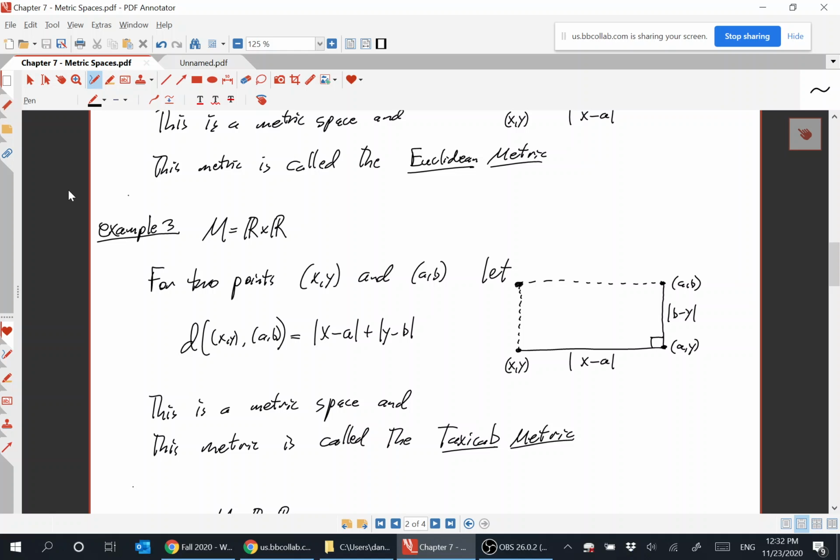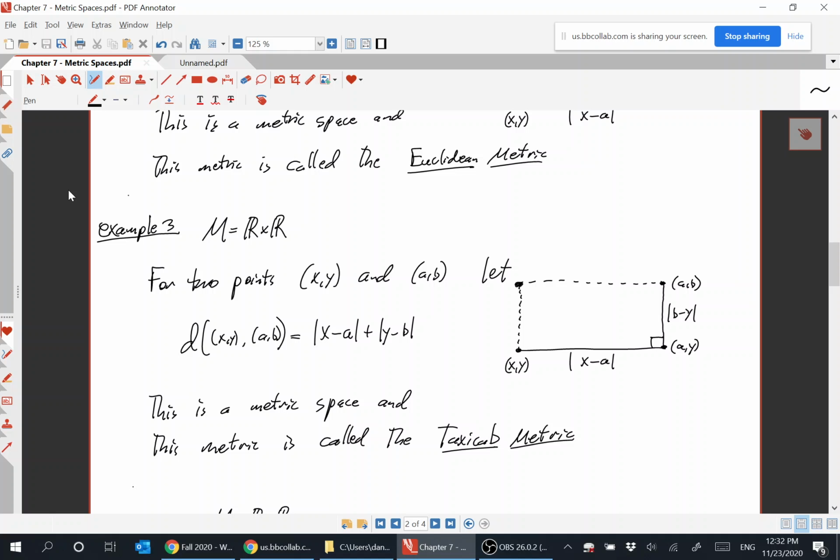As in the example I gave you before, if you're in a big city that's built on a grid, the streets are built on a grid, you don't measure the distance between 2 points along a straight line.